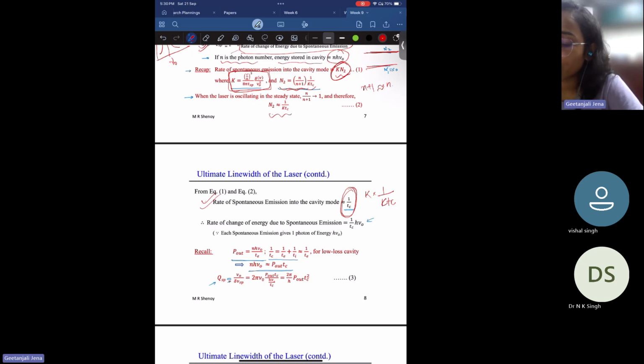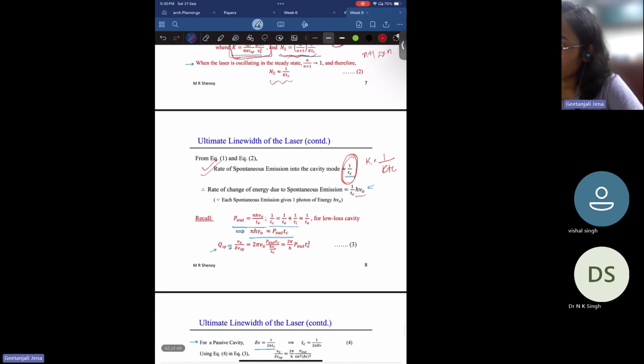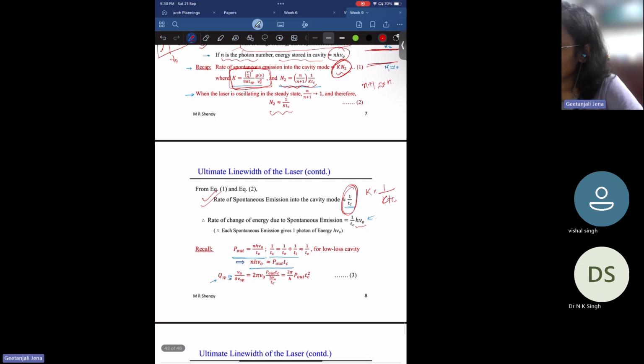And if you want to find the rate of change of energy, then we have to multiply it by the energy h nu zero. So we have already calculated the energy stored in the cavity, which is n h nu zero, and the rate of change of the energy due to the spontaneous emission.